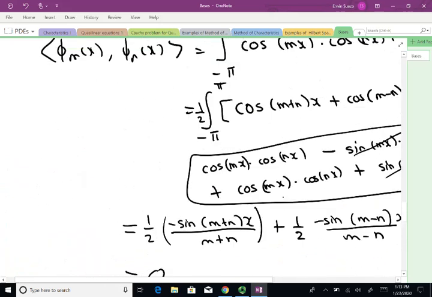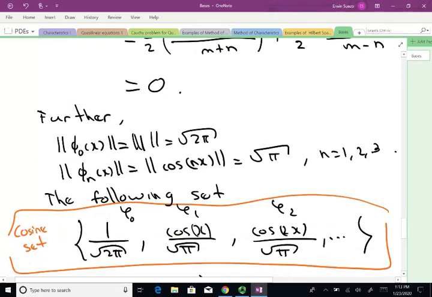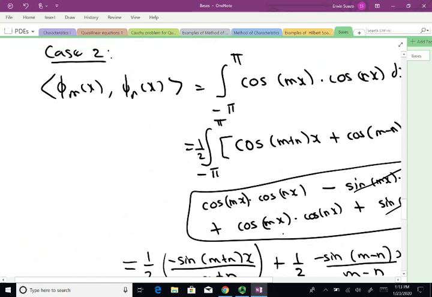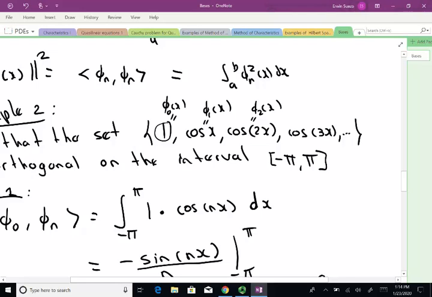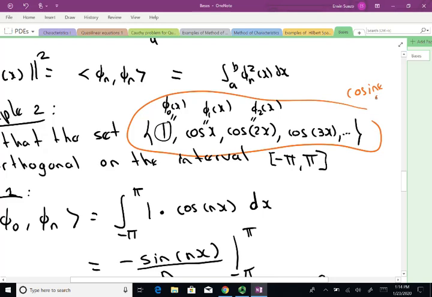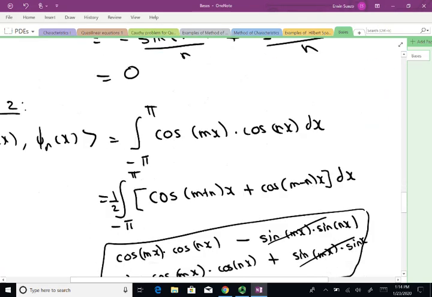Or, even better, let's call this one the orthonormal cosine set, and this one, just like that, is my cosine set before orthonormalizing.